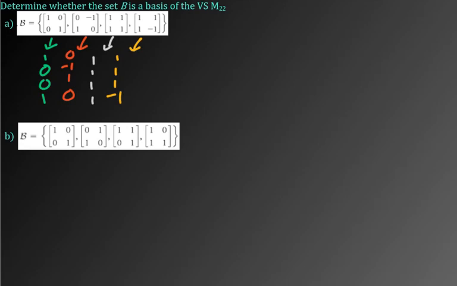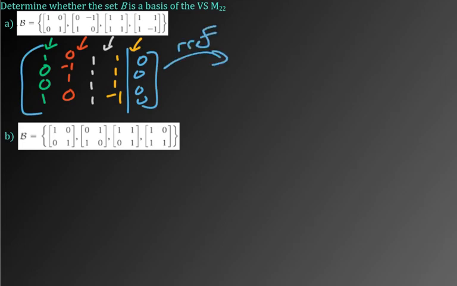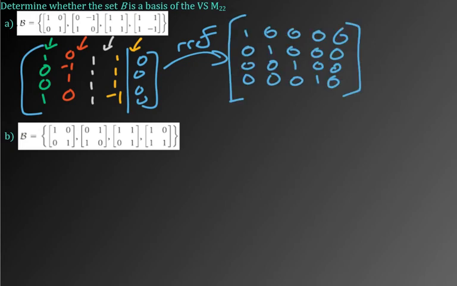if I wanted to determine if it's a basis, one of the conditions is that they need to be linearly independent. So I could augment this with the 0 vector and basically solve this out with an RREF. If I do that, you get that, and from this, this is just the 4x4 identity matrix in here.